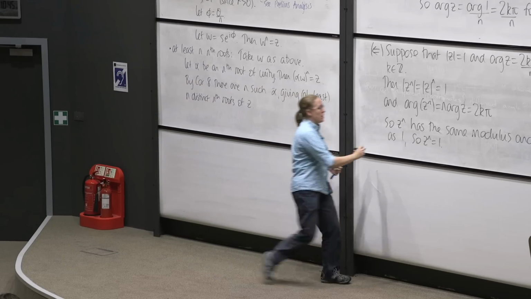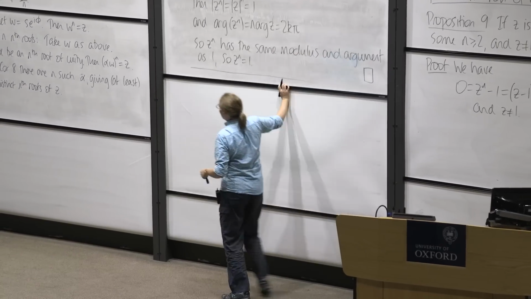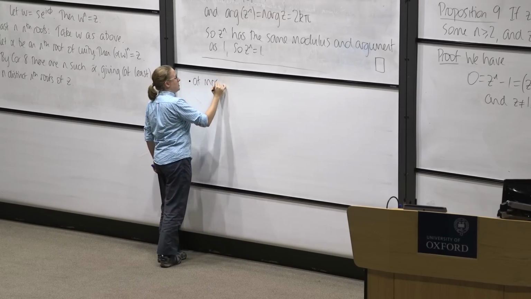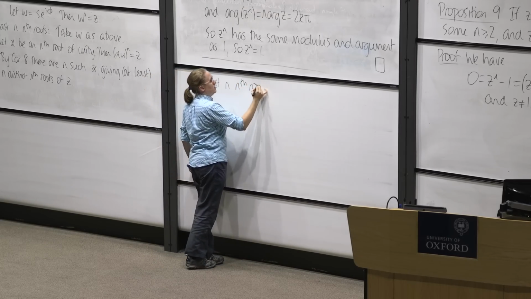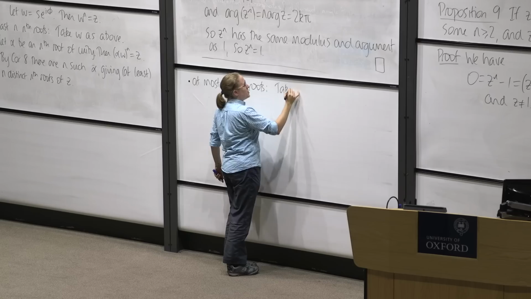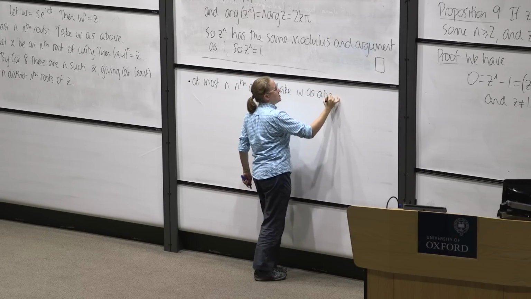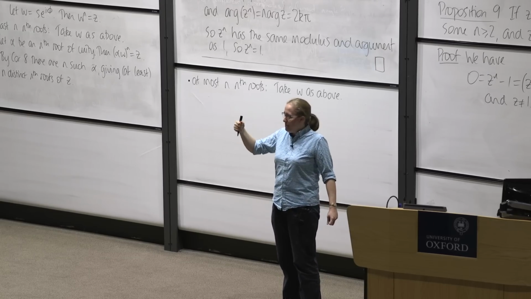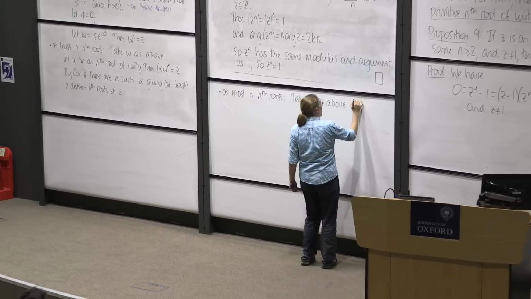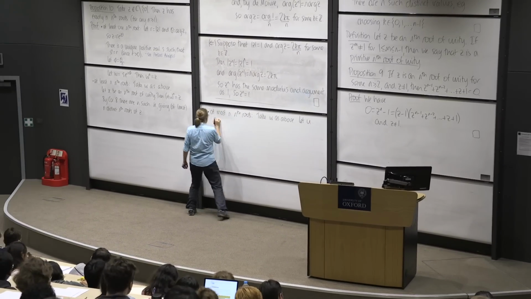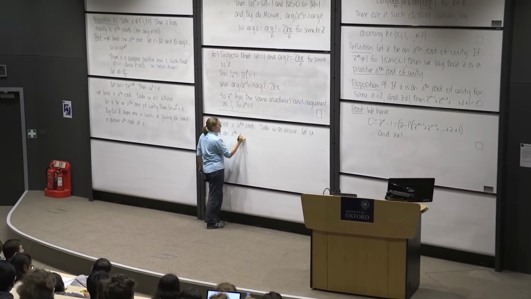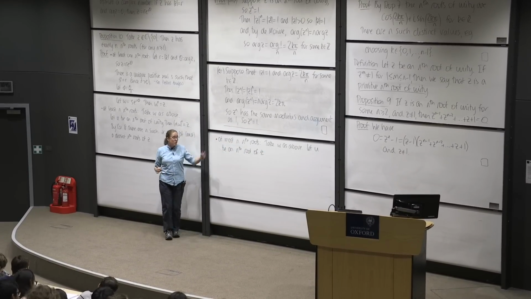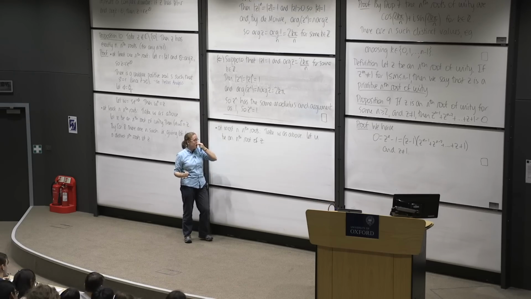So if I carry on over here for the third bullet point, the third bullet says at most n nth roots. So if I again take w as above, so w is my fixed nth root of z, I want to show that any nth root of z must be a root of 1 times w. That would do it. So if I let u be an nth root of z, then my secret aim, if you like, is to show that u must be w times some nth root of unity.